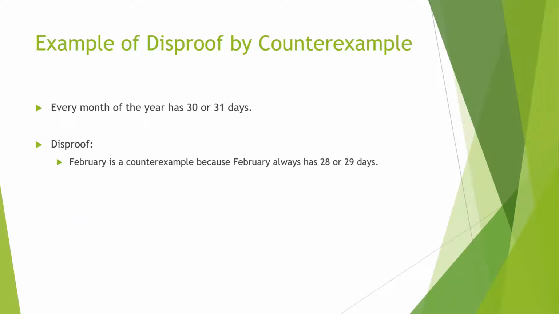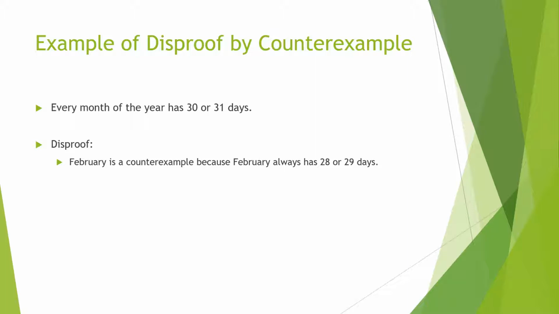We have seen different examples of proof by counterexample in the previous chapters, but here I'm going to show you one easy one. Every month of the year has 30 or 31 days. That's the statement that we are going to disprove. To disprove it, all we need to do is find one month that doesn't have either 30 or 31 days.